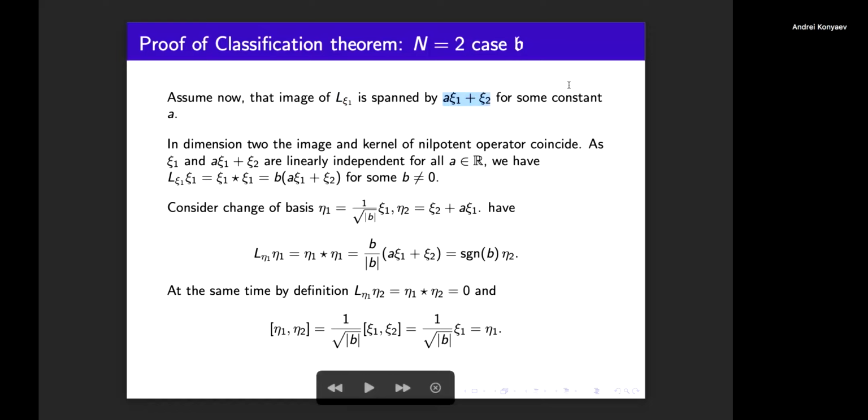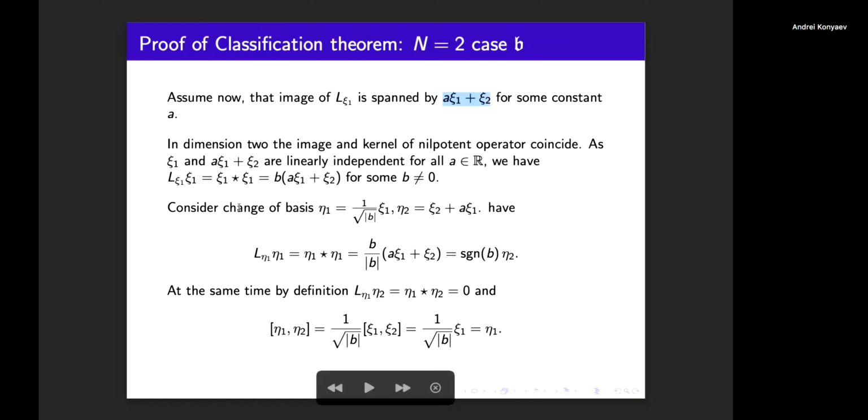We see that if we apply L psi1 to psi2, then we get something like this. If we apply psi1 to psi1, we get something like this. And because psi1 does not lie in this linear space, in the kernel, it shouldn't be 0. Thus B cannot be 0. A here can be 0, but B cannot.